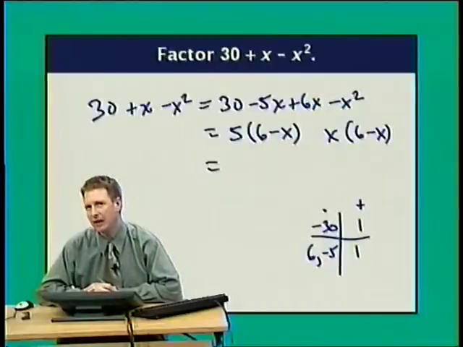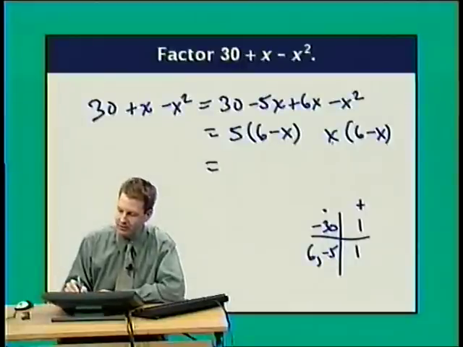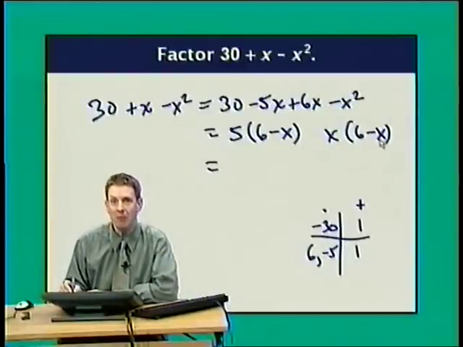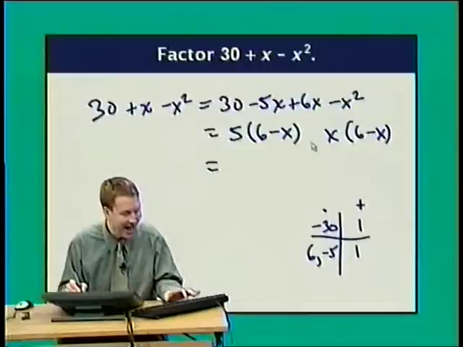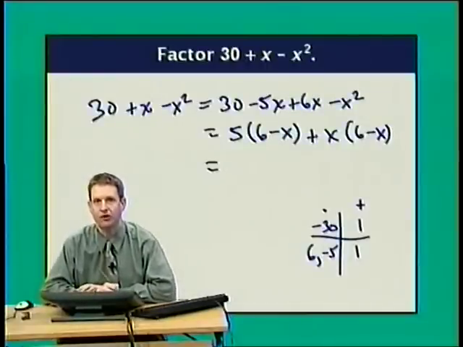Because if I look at the line above, what I have is the product of 4 factors. I'm not supposed to have the product of 4 factors. I'm supposed to have two terms, each of which has one monomial factor and one binomial factor. When I factored this x out from the second two terms, I needed to remind myself that I was adding x times 6 minus x to 5 times 6 minus x.